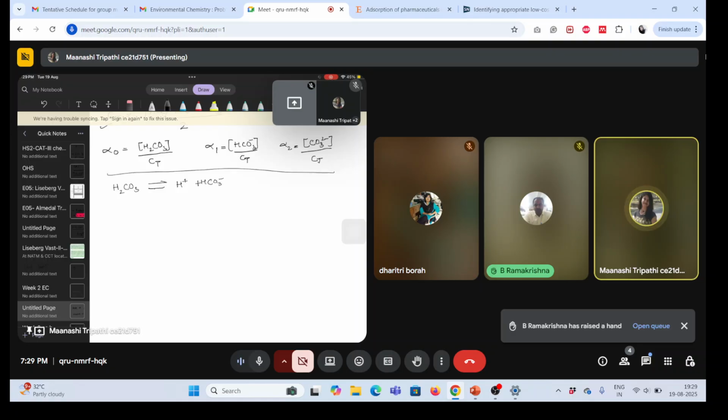If we are writing this, we will get some K1, which will be equal to H plus, HCO3 minus, divided by H2CO3. We will get all these values.